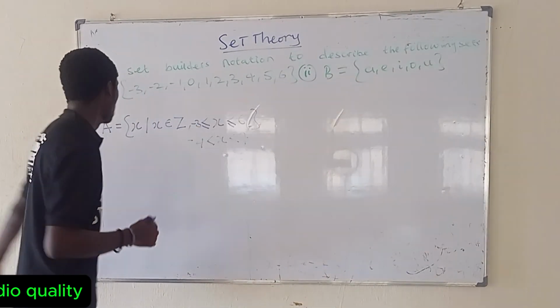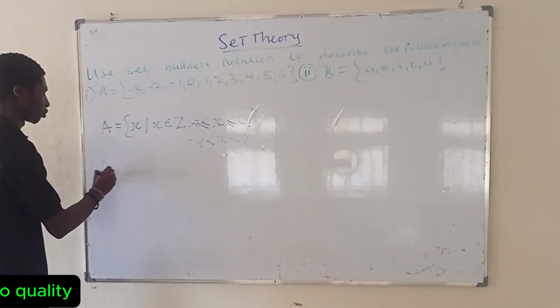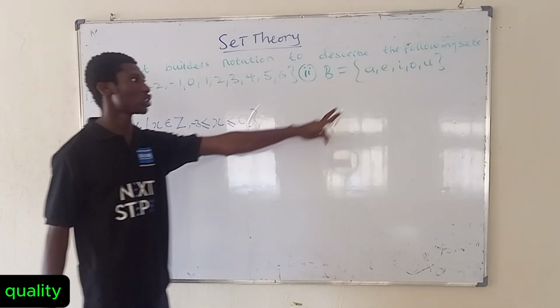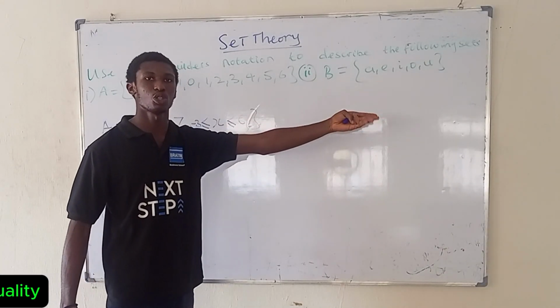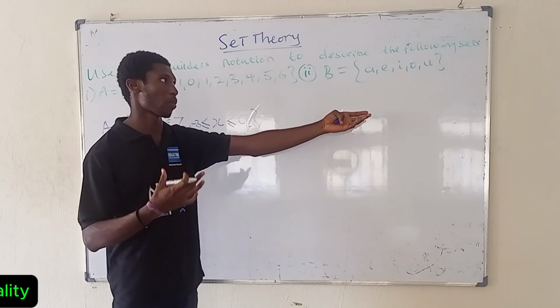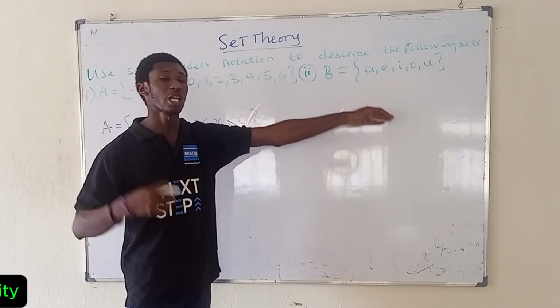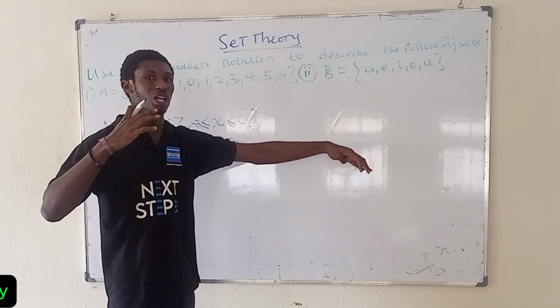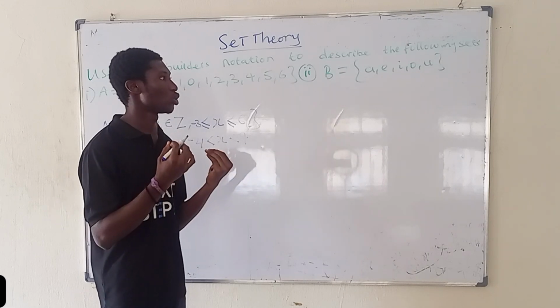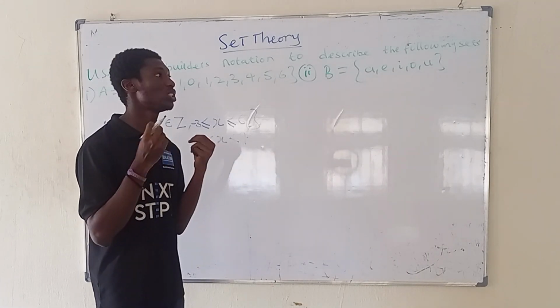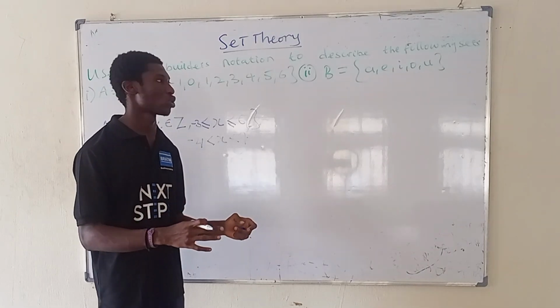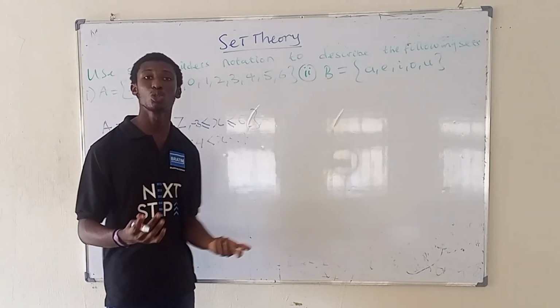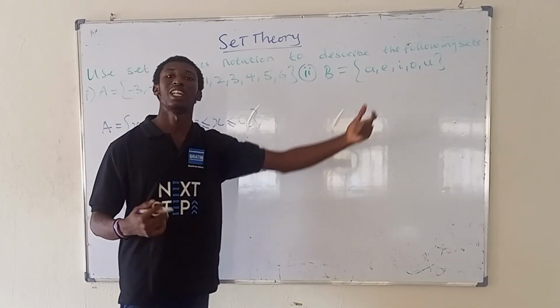Now the next one we have is a set B. Because the set B is very specific, it will be easier for you to know what is there. Sometimes you have to pay attention to details in order to know what that set is all about. But for this, we all know that these are vowel letters.